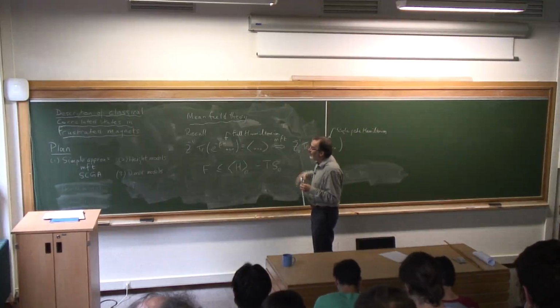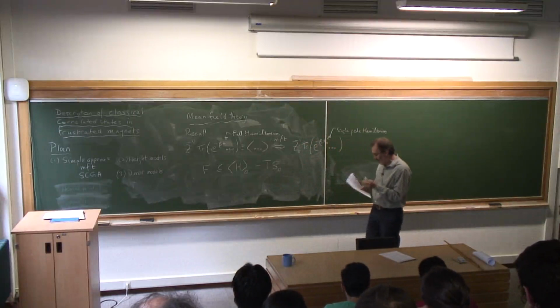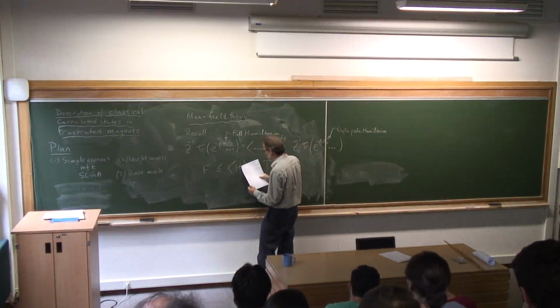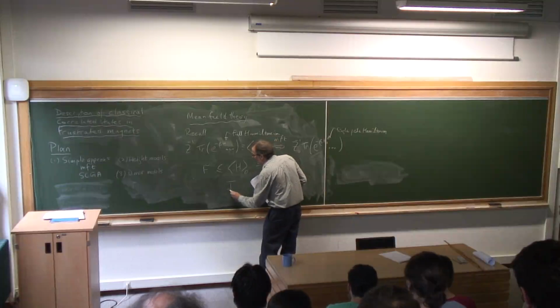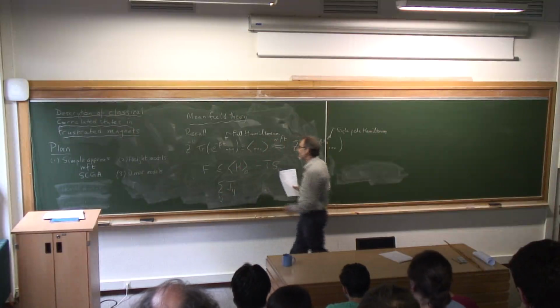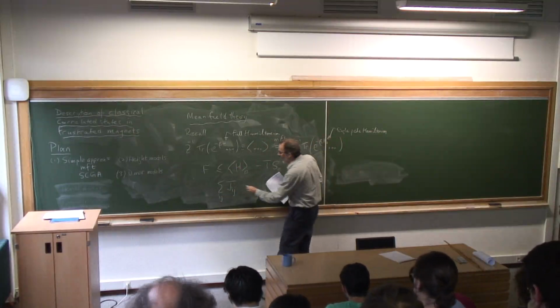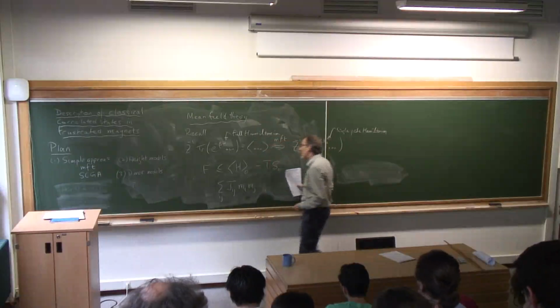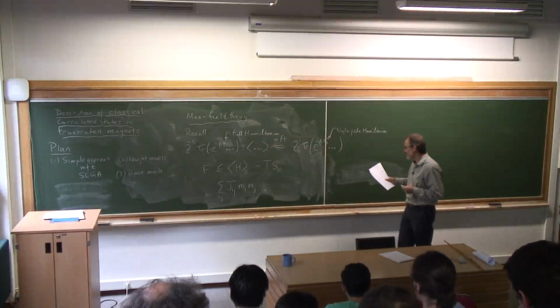So if we think about applying this kind of approach to any magnet, including a frustrated one, then we have, from the expectation of this Hamiltonian, the exchange times the expectations of spins at different sites.